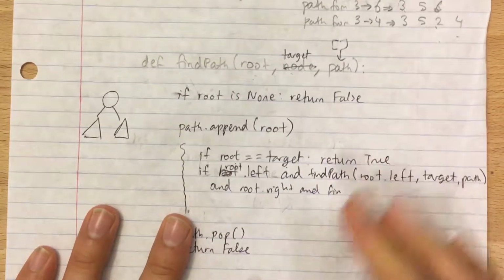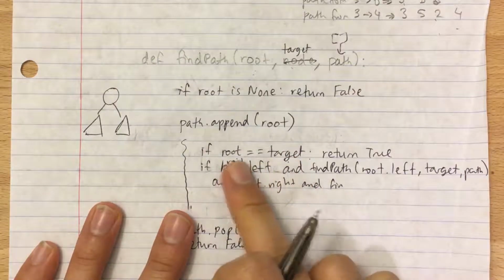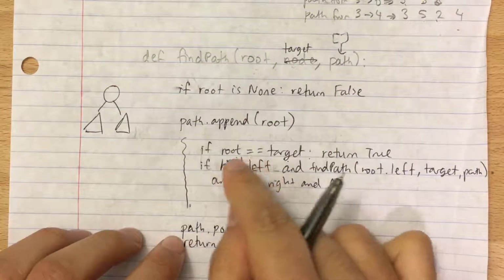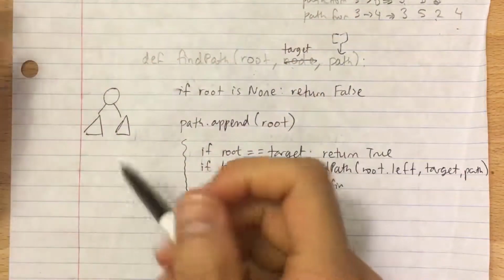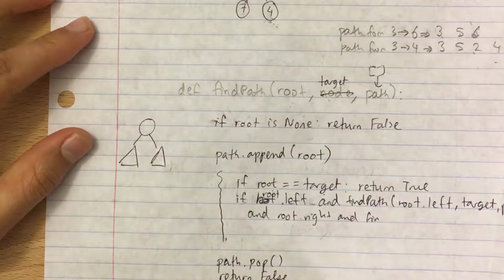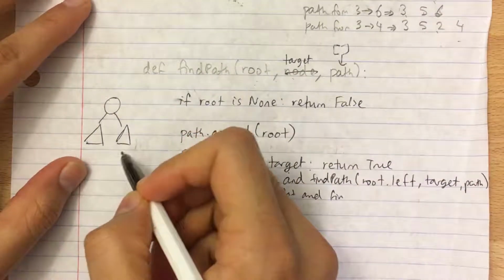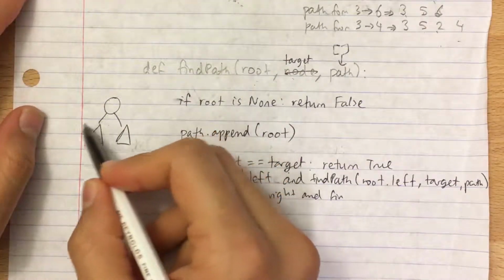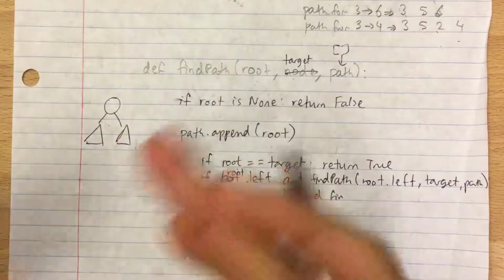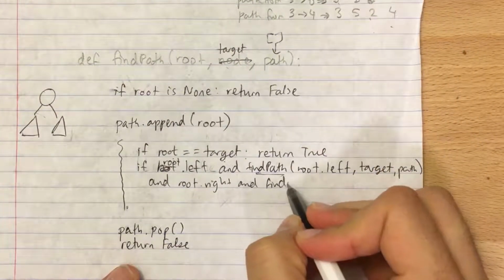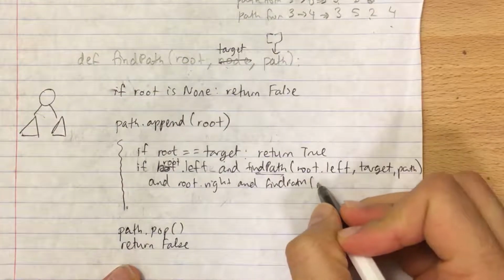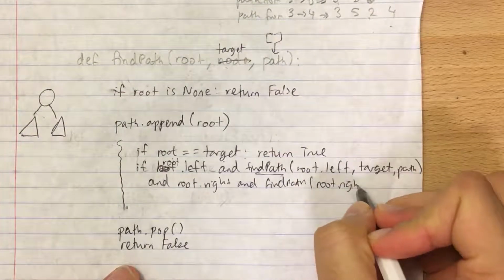So all we're saying here is that if we don't find the particular target where we're at right now, it can either be in the left subtree or the right subtree. And those are recursive calls. So you're saying give me the Boolean value and see whether it can be found in the left subtree or the right subtree, which are these recursive calls that operate on the left and the right subtree.